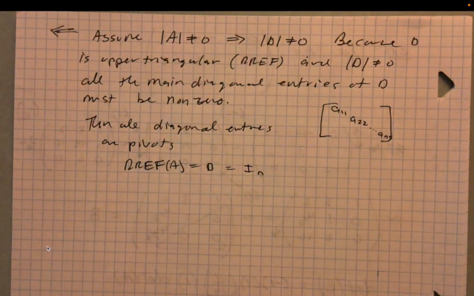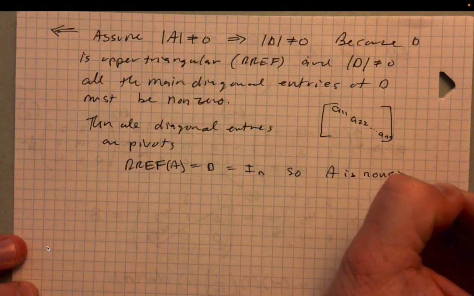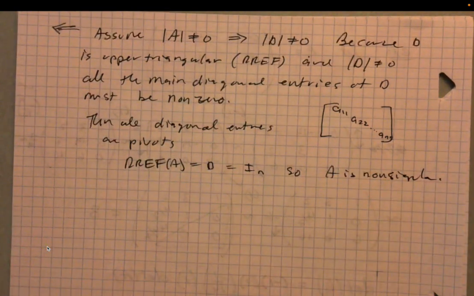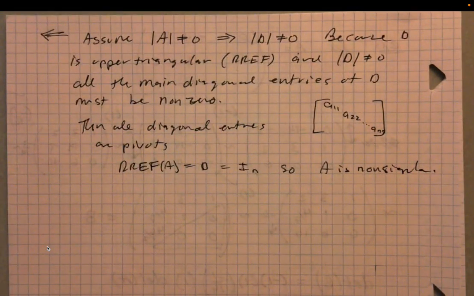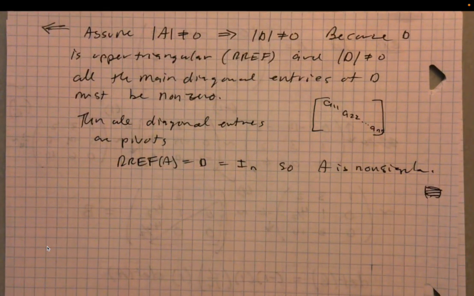And so that means that the matrix is non-singular. Very good. It goes both directions very easily. Simple proof, just a lot of recalling what previous theorems have said and chaining them together.